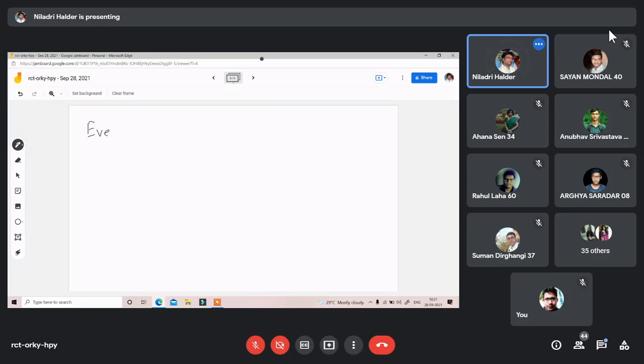Even odd. If xn is your sequence, then it will be even if xn is equal to x of minus n. If xn equals x of minus n, then the sequence is an even sequence.